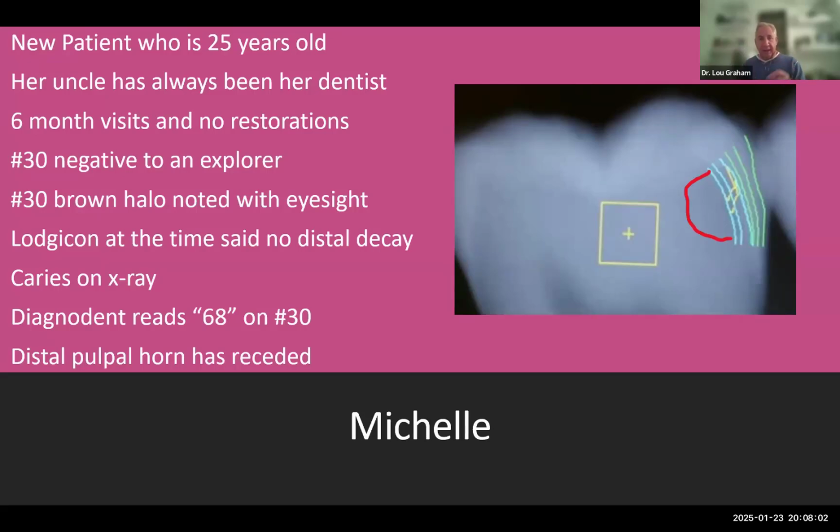But the key was my Diagnodent, which I absolutely believe in, is so much better for caries detection using its fluorescence technology, read a 68. So I knew there was a cavity. You can also see on this x-ray the distal pulpal horn had receded. So this cavity had been there a while.